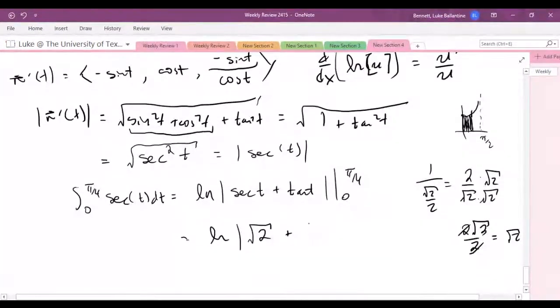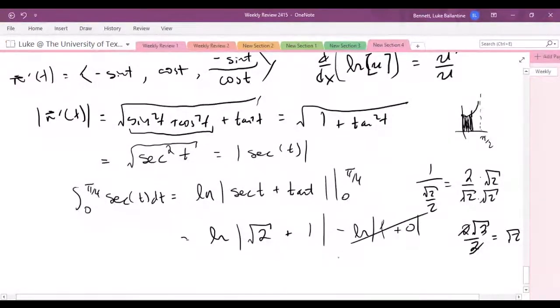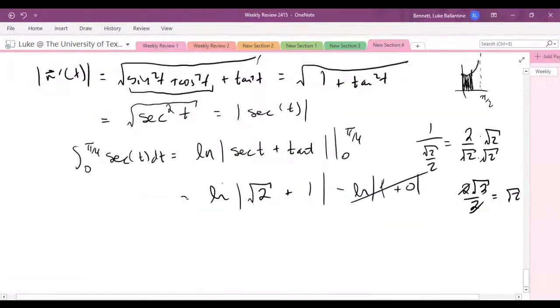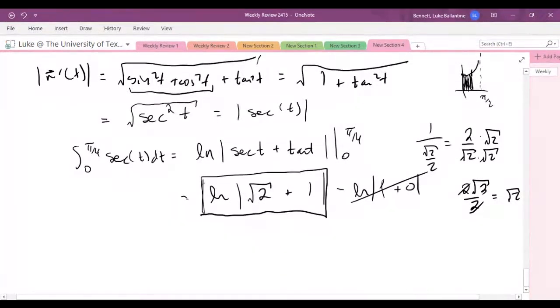Tangent of pi over 4 is just 1. And we subtract off ln of secant of 0, which is 1, plus tangent of 0, which is 0. This term goes away. So the answer is ln of square root of 2 plus 1. Some trig identities and some trig integrals, but it's all in good fun. So let's go on to the next one.